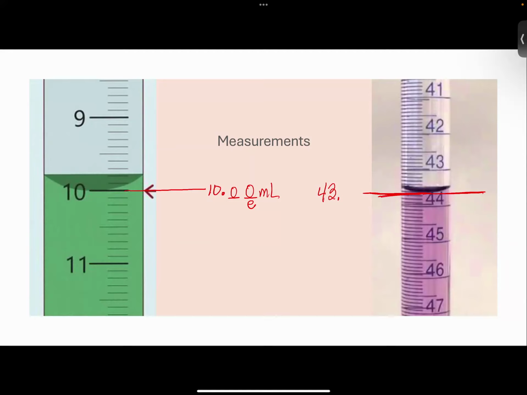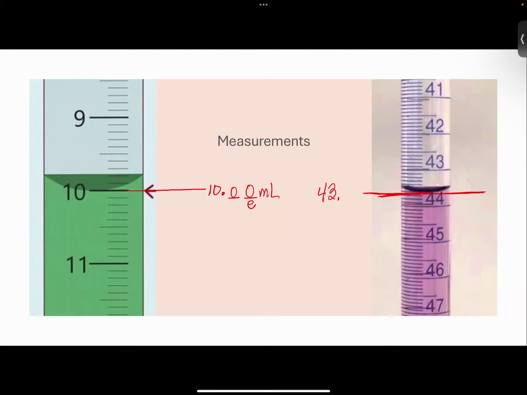So first of all, how many say I should record 1 decimal place as my estimated digit? How many say 2 decimal places is the estimated digit? Okay, that is correct. The estimated digit is at the 2 decimal place point.